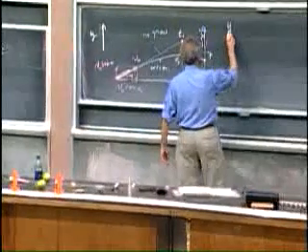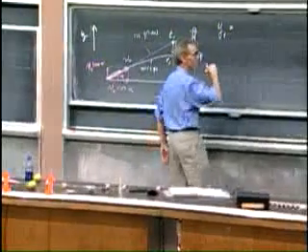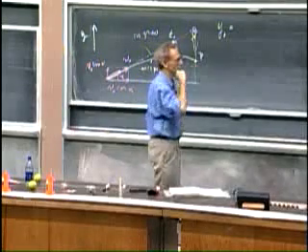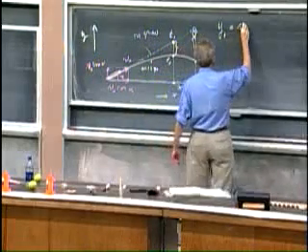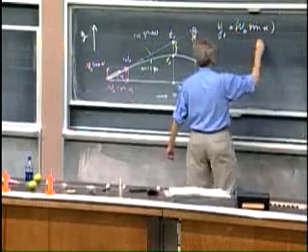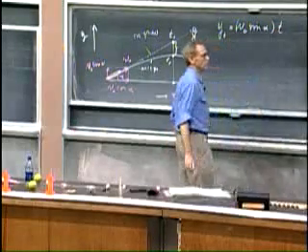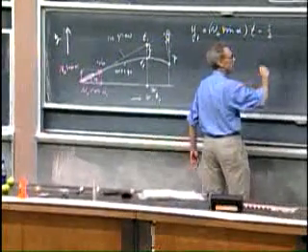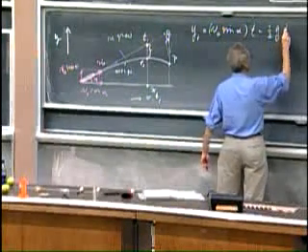And y, as a function of time, you can look at equation number 3 there, if you can still see it, equals v0y, which is v0 sine alpha, times t, minus 1/2 g t squared.